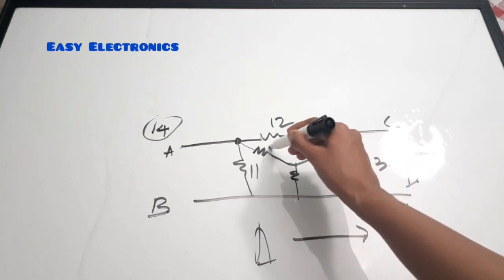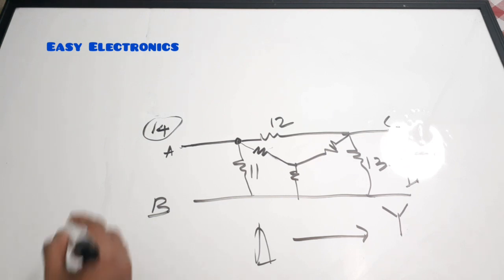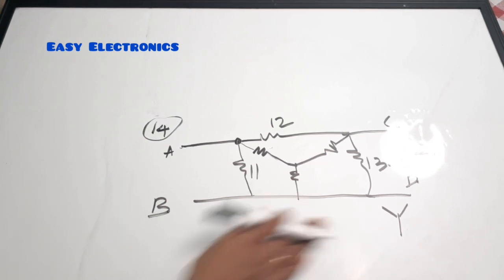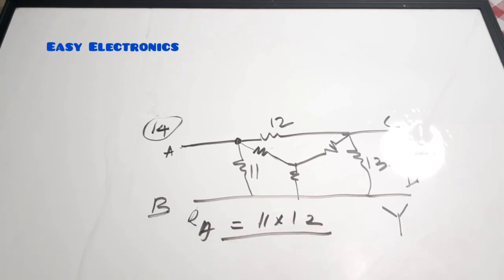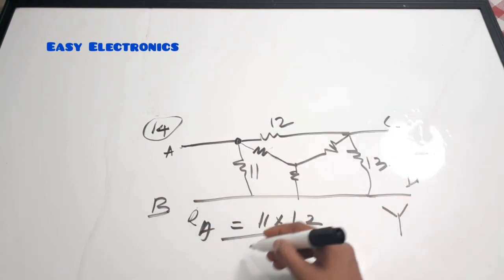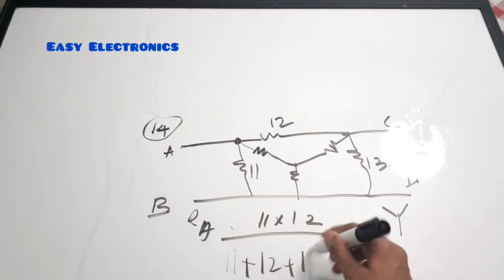And what is the resistance here? It is the product; the equation I'll write. Write it below. RA is equal to 11 into 12 by the sum of these three outer resistors, which is 11 plus 12 plus 13.